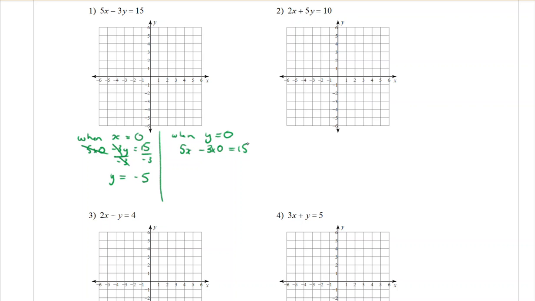Straight away, the 3 times 0, cross it out because that equals 0. And I just need to get rid of the 5 in front of my x. So I divide by 5, and divide the other side by 5. x will now be by itself, and 15 divided by 5 equals 3. You can put those solutions in a box if you like, because it helps to highlight those answers.